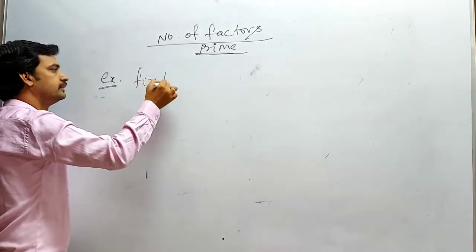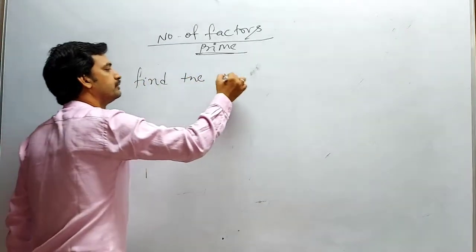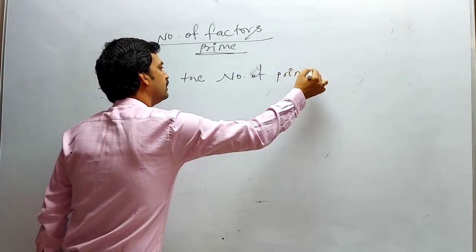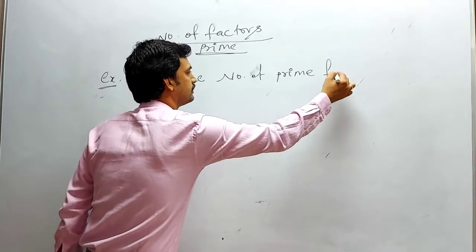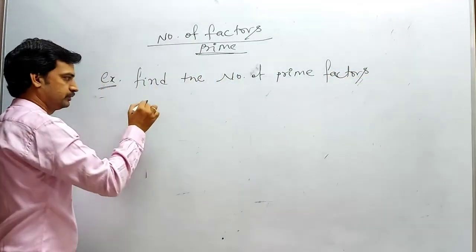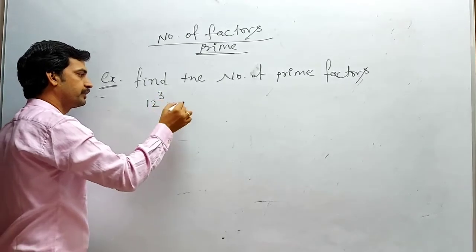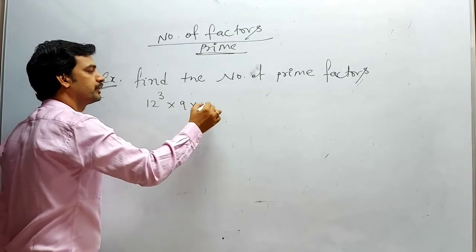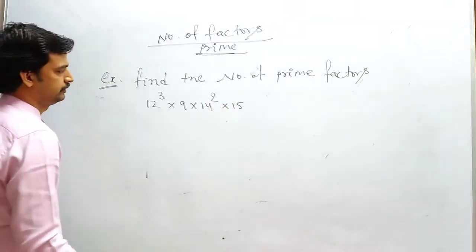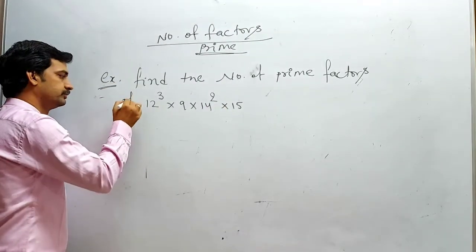Find the number of prime factors of 12 raised to 3 into 9 into 14 raised to 2 into 15, right?